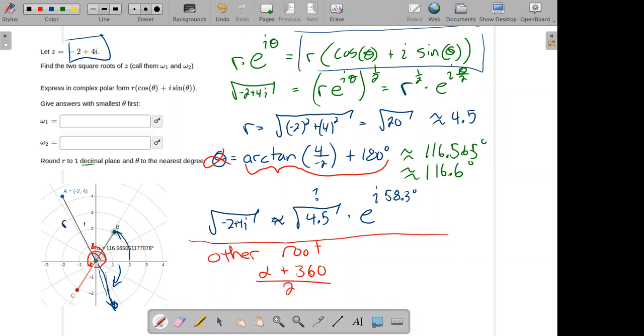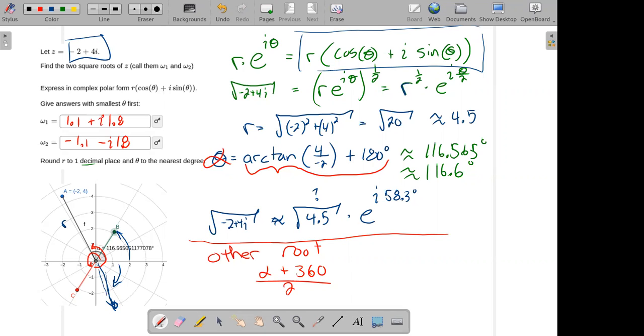So this one here would be about 1.1 plus i times 1.8 or 1.8i, either way is fine. And this one would be negative 1.1 minus i times 1.8 or 1.8i, to one decimal place.